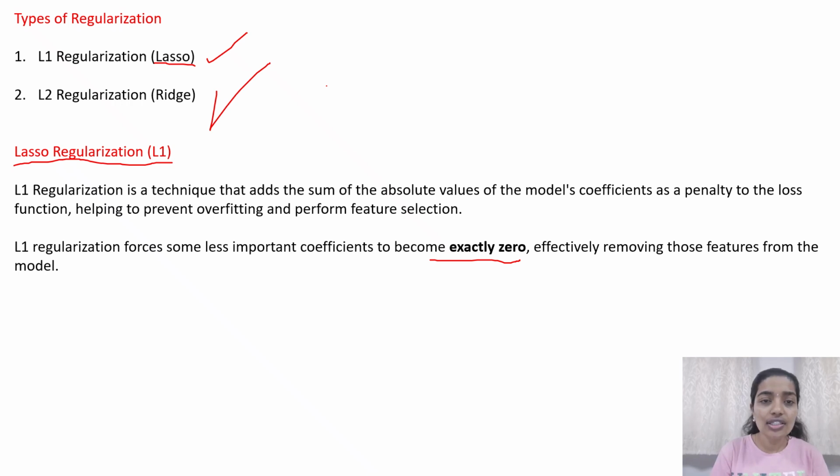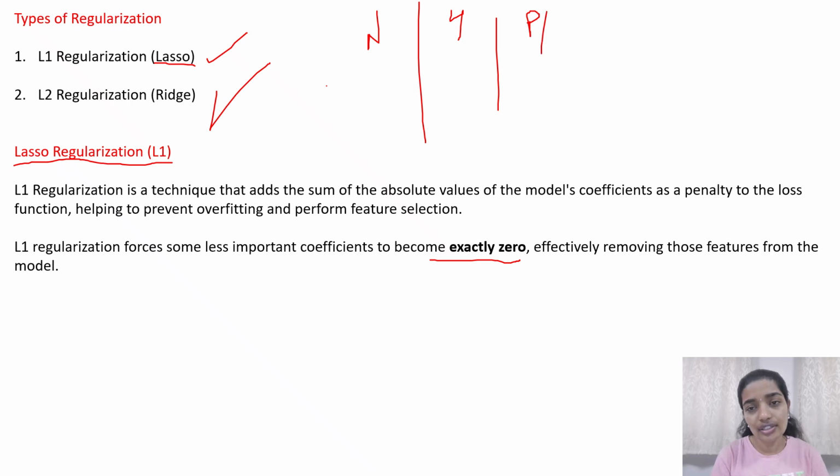So let us consider we have a data set having some table, with the number of hours a student studies, and then whether the student passes or fails. So let us say that this is the data set that we are having.